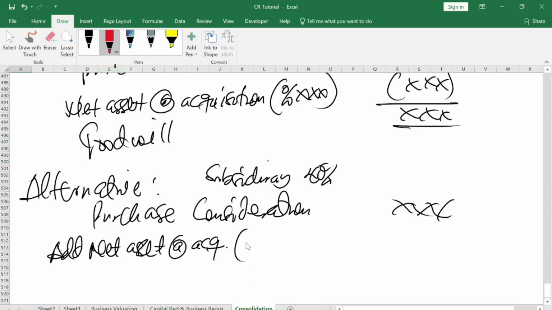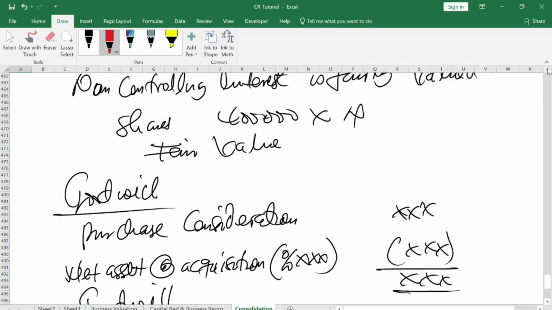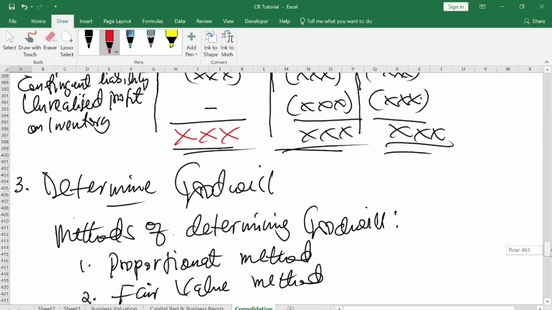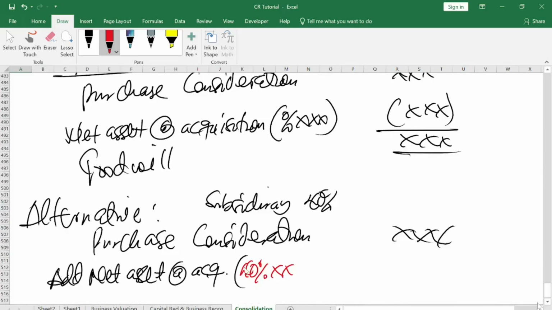They will pick the 40% here and multiply by the net assets at acquisition, the one in red that I showed you up there. They will multiply by the percentage of the subsidiary, and they will come and add it here.